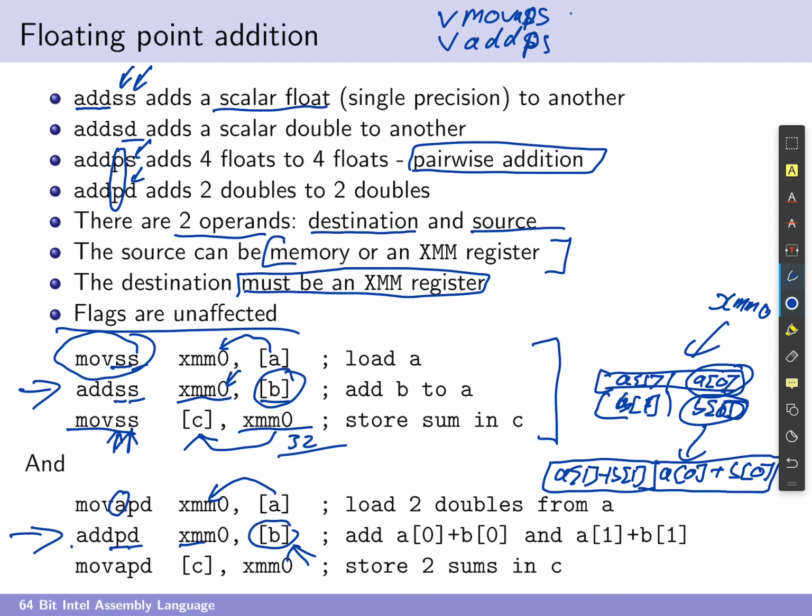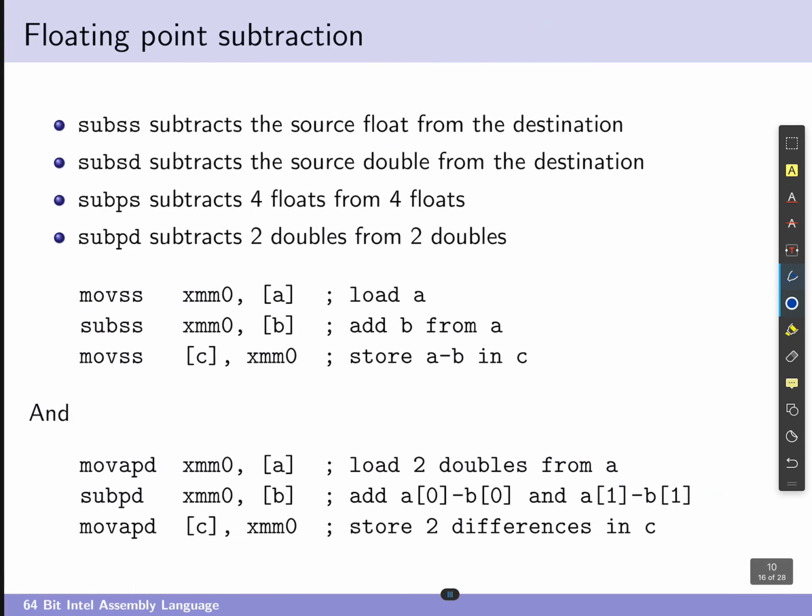Sorry, so if I want to perform a packed move with a 256-bit version of these registers, so the YMM versions, I would simply use a vmovaps for an aligned packed move of singles, and if I wanted to perform the addition, it would just be add P singles. The change is that I just simply have to add that V. Okay, so again, simply adding the V will allow us to work with the YMM versions of these registers.